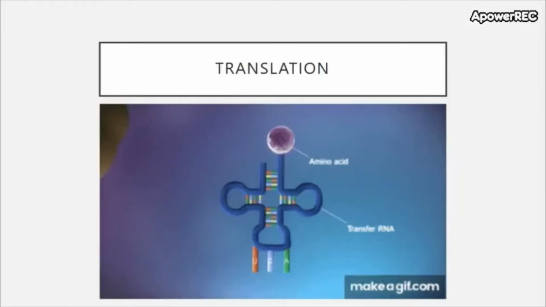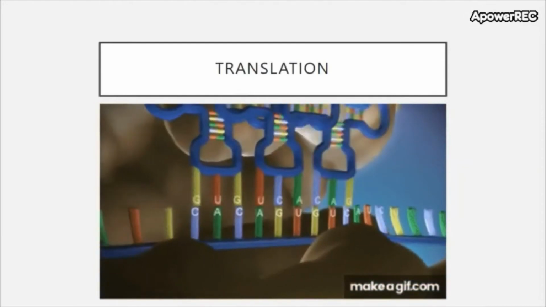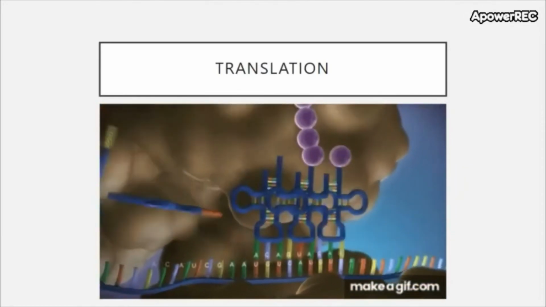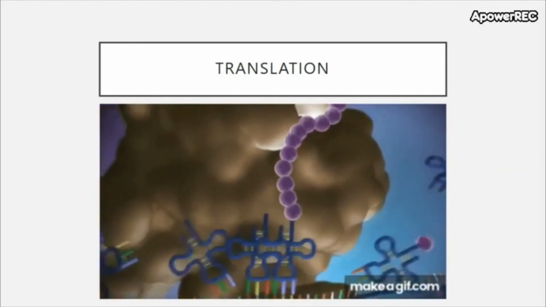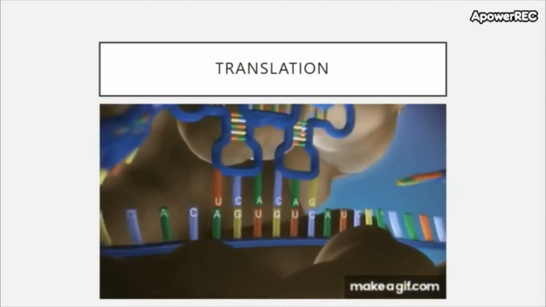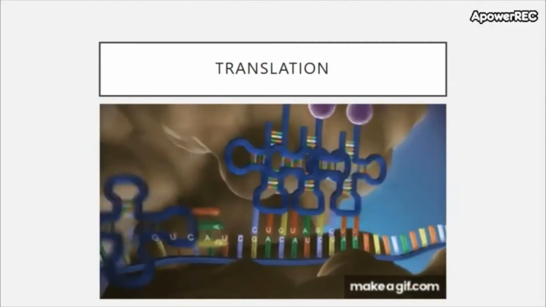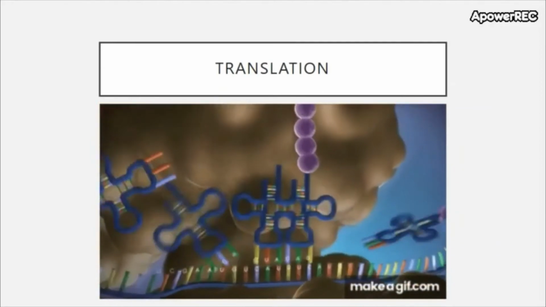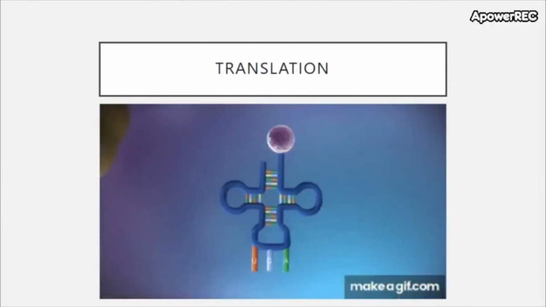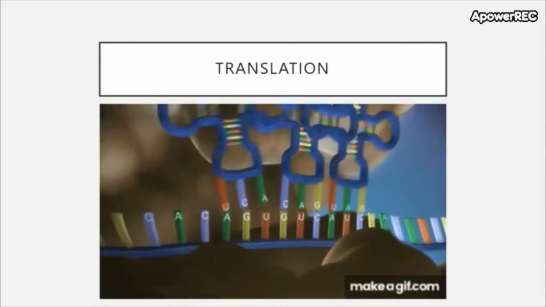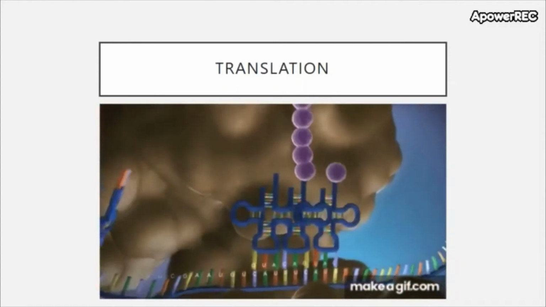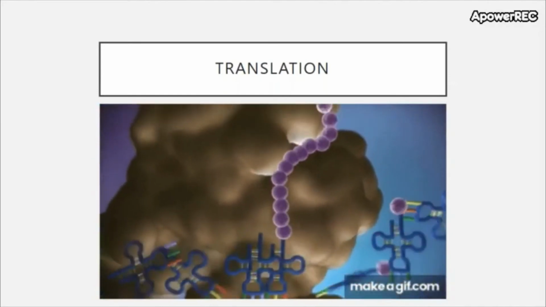Now let's reflect back on translation and see how this works in action. So that is the single-stranded mRNA code going through the ribosome. The ribosome is the brown globular-looking thing in the background. Each one of those little molecules that's shaped like a T are the transfer RNAs. Their anticodons are complementary to the codons of the mRNA.